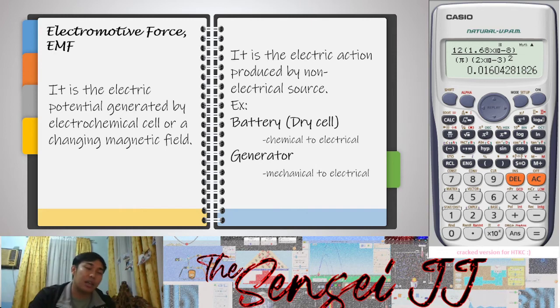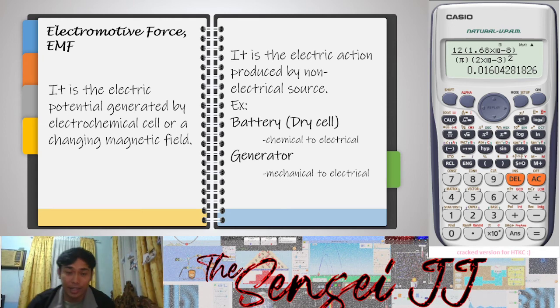All those four categories can generate electricity from other forms of energy: the chemical, the mechanical, the solar, and the heat or thermal energy. So as you can see, we have many sources of electricity, and also wind power.